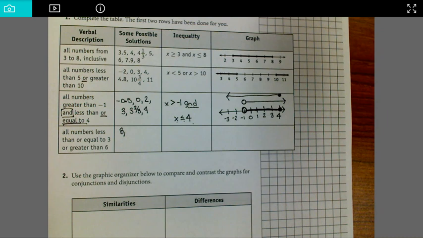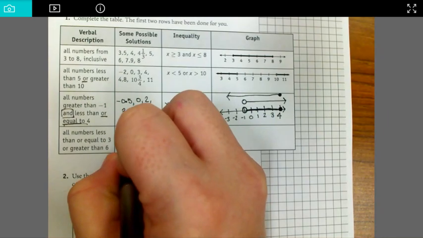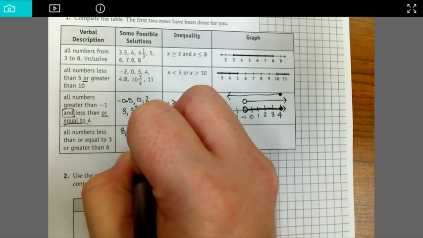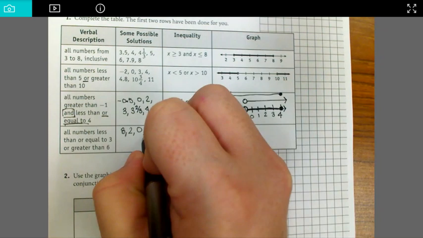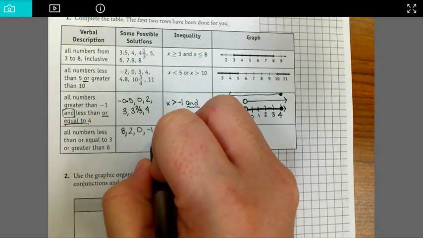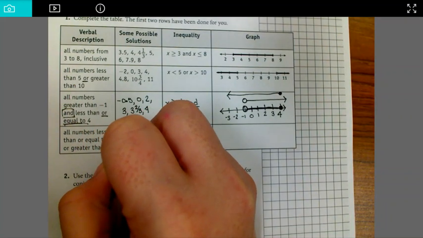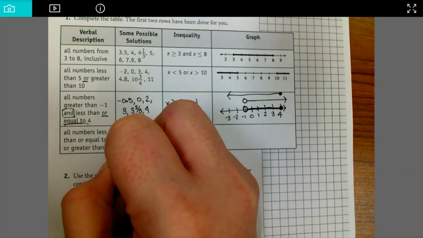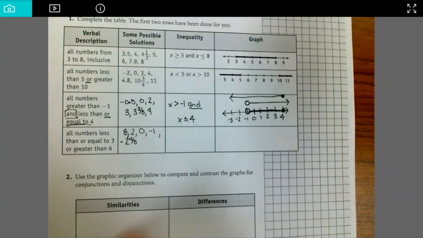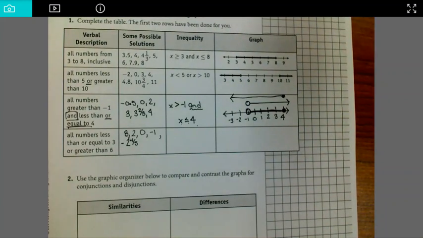So I could also include numbers like 2. I could do 0. We've got -1. I could even do -2 4/5. Okay. All those numbers are less than or equal to 3, right?